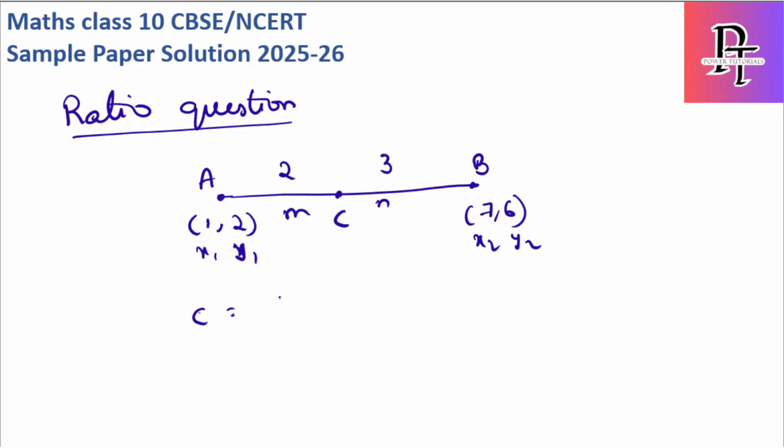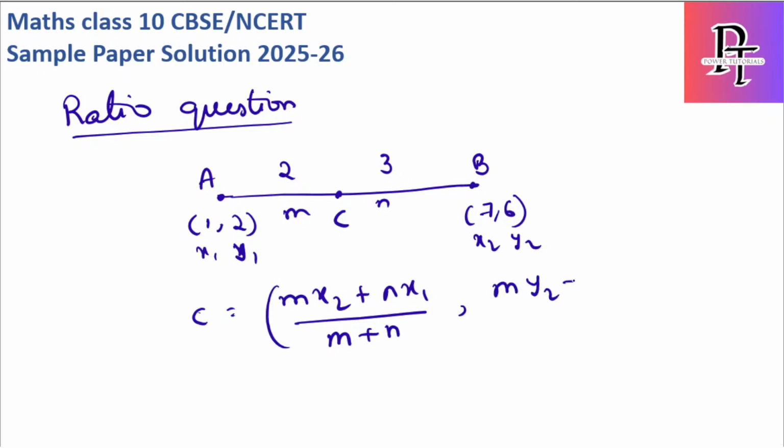Then the point C will become (mx2 plus nx1 by m plus n, comma, my2 plus ny1 by m plus n). Sorry, it should be ny1. So always remember, it is just a crisscross method, like first ratio with second point and second ratio with first point, mx2 and nx1.